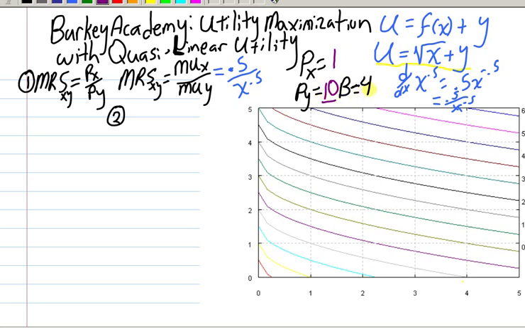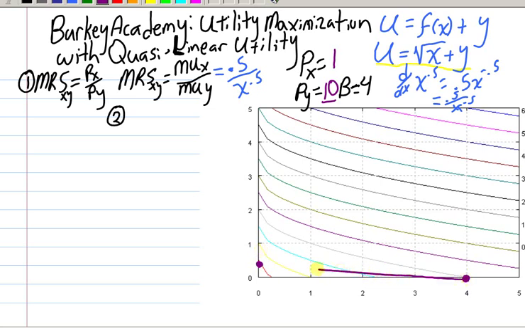It's just the budget divided by the price of y. So our y-intercept is going to be way down here. Now our x-intercept, we could buy 4 x's, since x's are very cheap here. Okay, so let's put that point there, and if we connect these two dots, we'll see what our budget line is going to look like there.